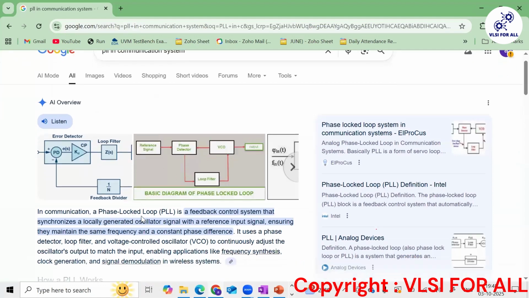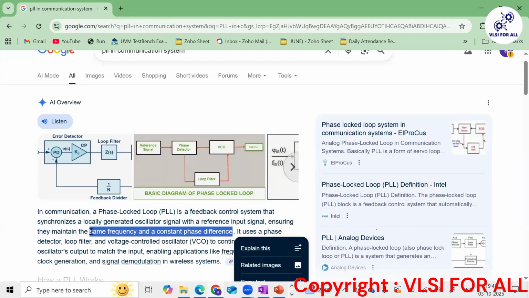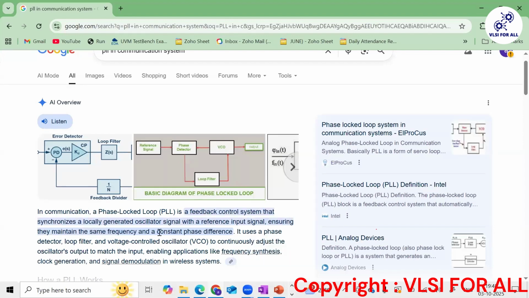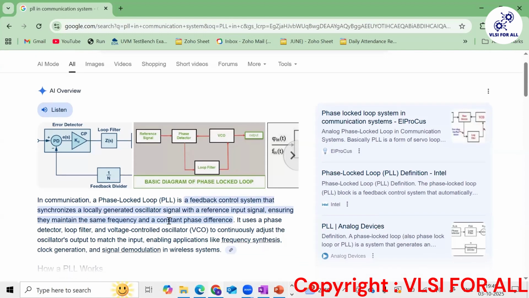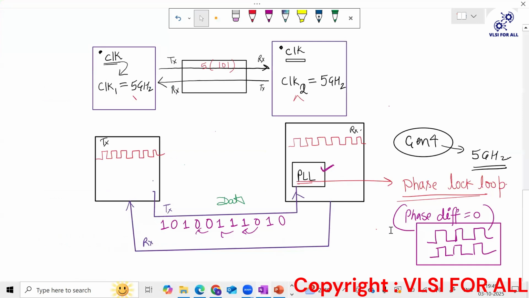Phase locked loop is a feedback control system that synchronizes a locally generated oscillator with a reference input clock, ensuring and maintaining the same frequency and a constant phase difference. So constant phase difference is nothing but a zero phase difference with respect to the actual. Okay, it's a vast block, but it will ensure there is no phase difference.